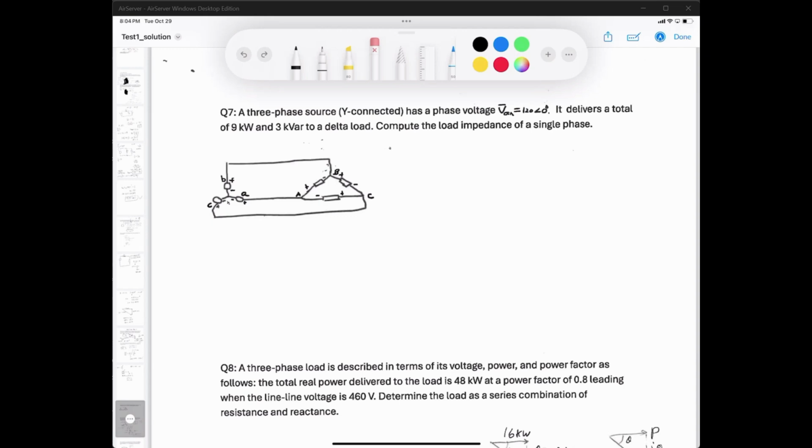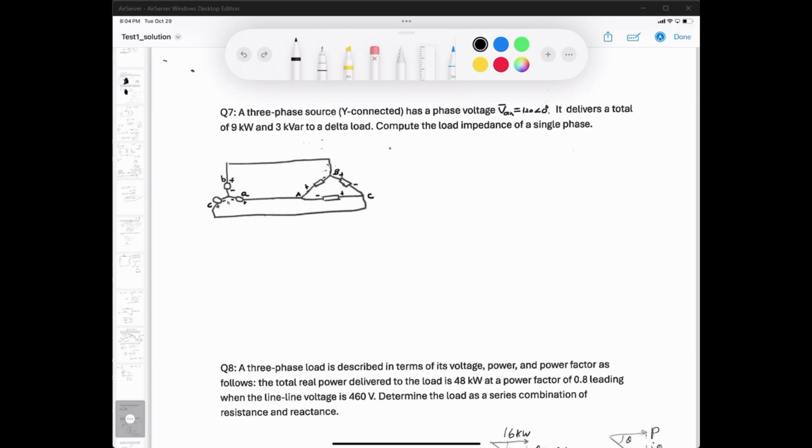Let's see. So we know that complex power directly correlates to the power factor. It has the same angle, right?